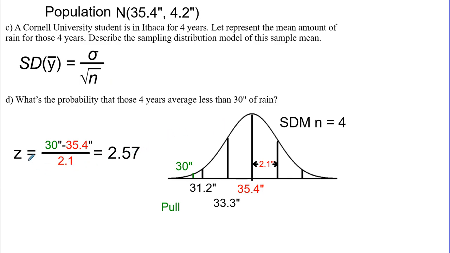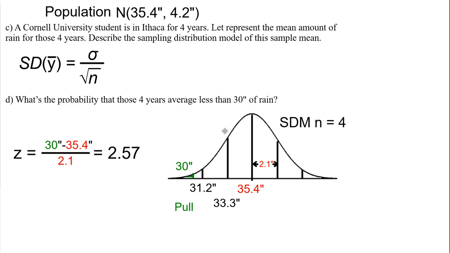All right, so we want to know what's the probability that those years average less than 30 inches of rain. We know that's going to be more than 2 standard deviations. If we do a z-score, observation minus the mean divided by standard deviation, it's 2.5 standard deviations below average. So the area under the curve would look something along the lines of that. What's the probability that a random sample of 4 years has an average less than 30 inches of rain?